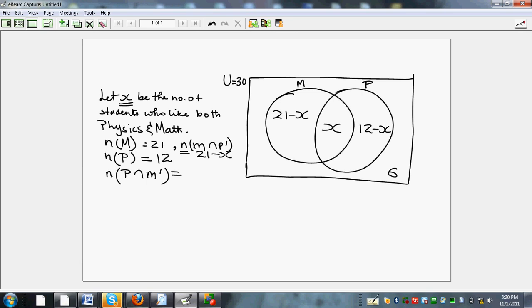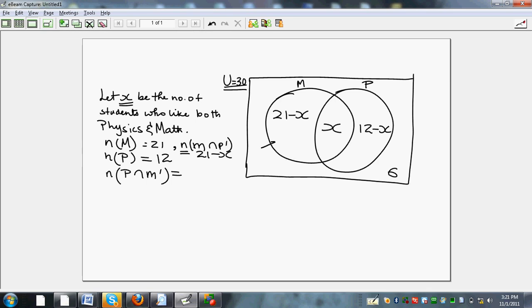Now, how do we go about actually getting values for the areas? We use the fact that the number of people in the universal set, which is 30, must be made up of all the individual portions added up separately.